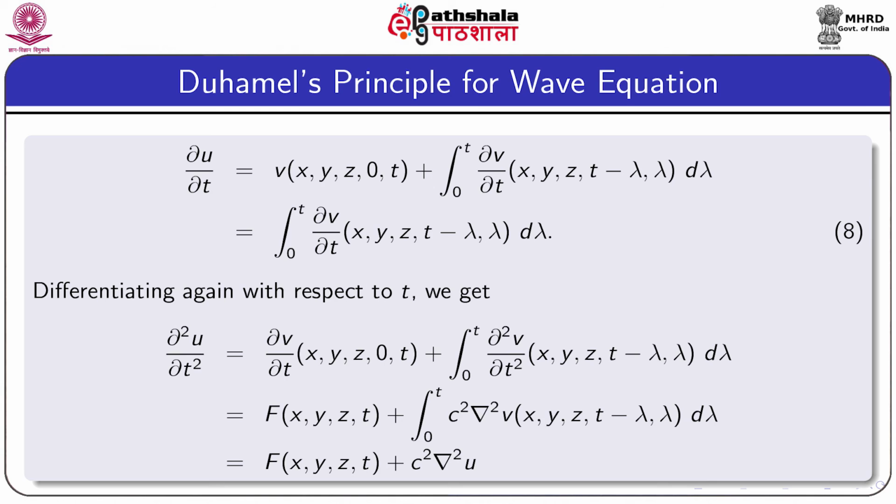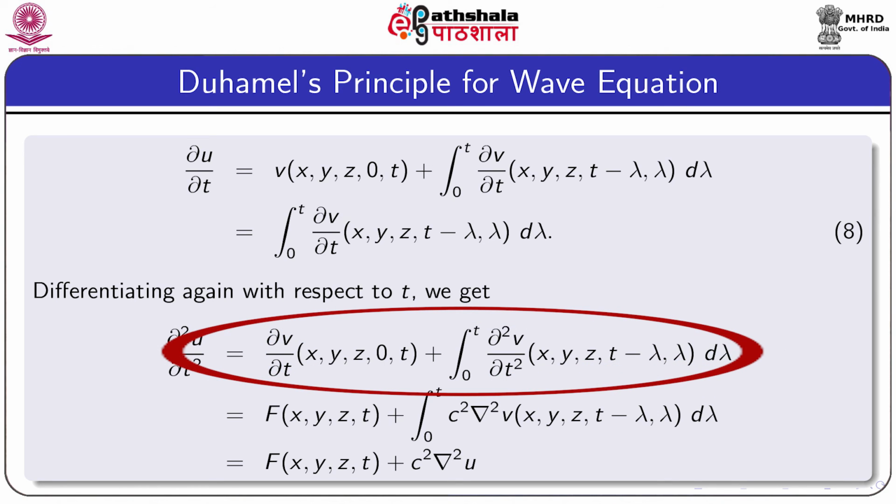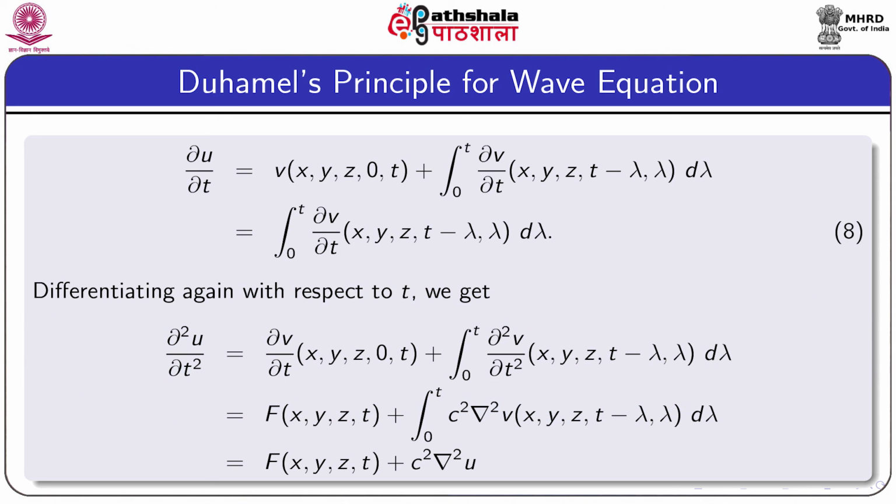So, left hand side is del 2u del t square, right hand side is again differentiation under the sign of integration. So, the first element is del v del t at the point lambda equals t. So, this is del v del t at the point x, y, z, 0, t plus integration 0 to t of del 2 v del t square (x, y, z, t minus lambda, lambda) d lambda.